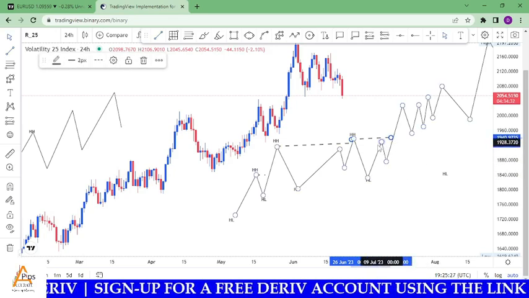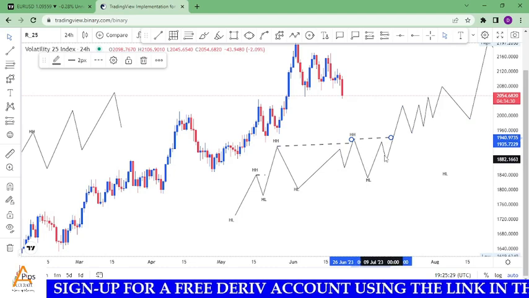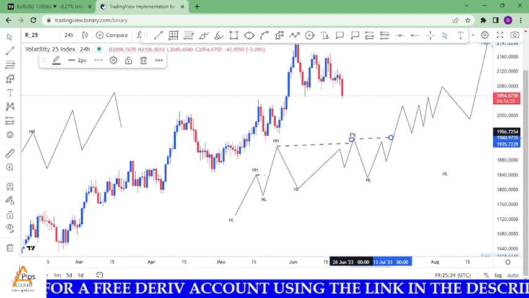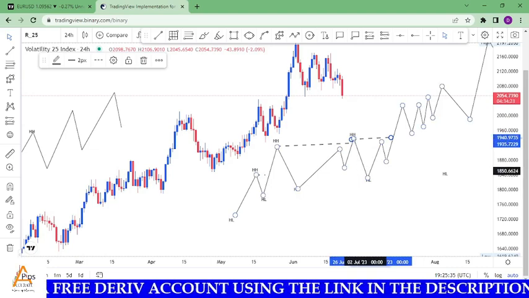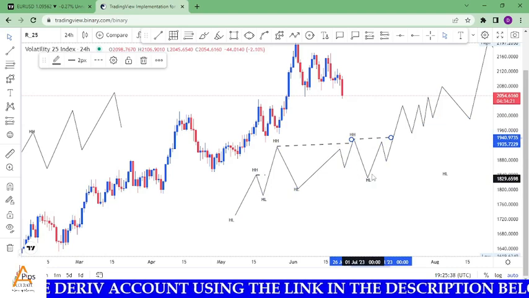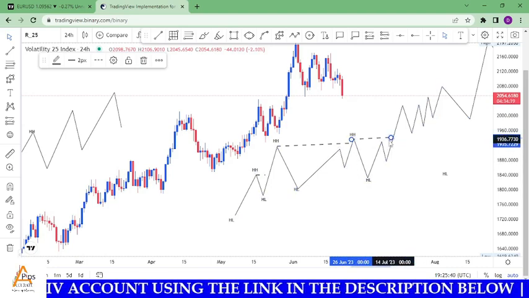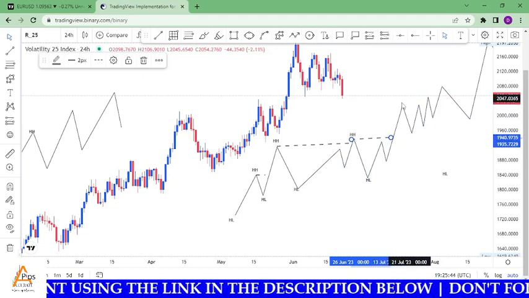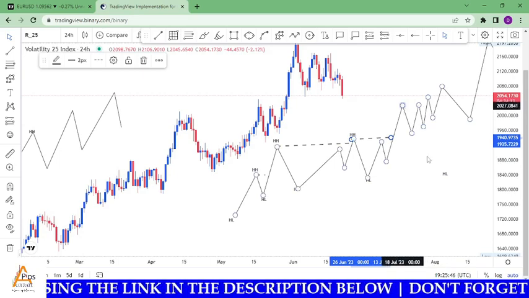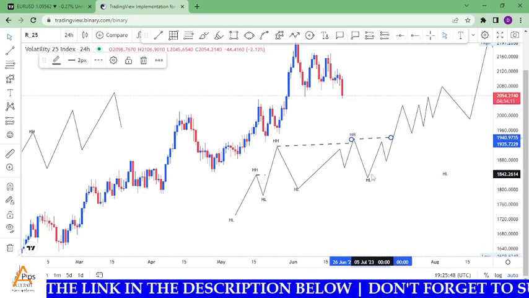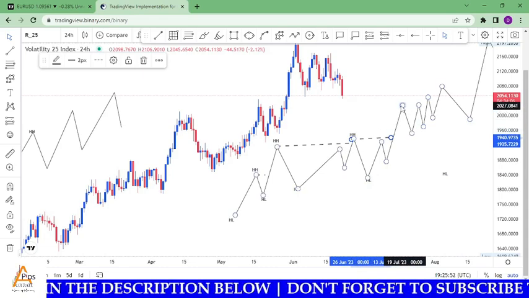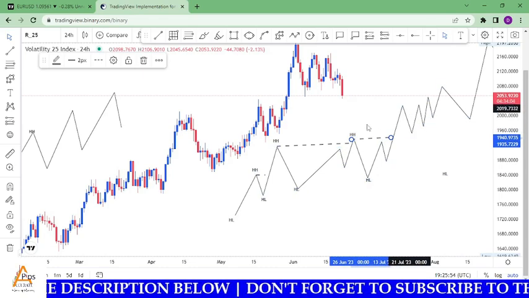No. So this guy is also an internal structure within this leg, and this higher low here will be confirmed once this guy is taken out. And this guy was taken out here by this high to create this high, hence we have our new higher low here.